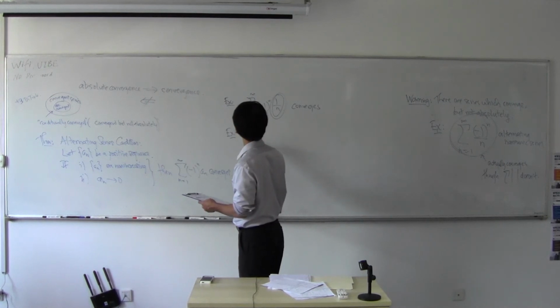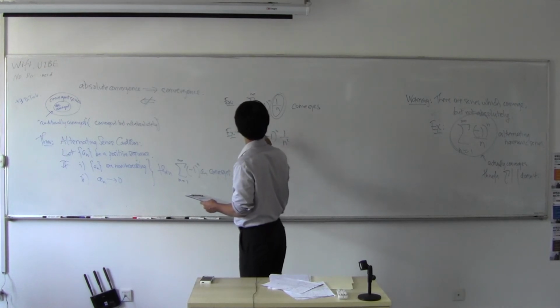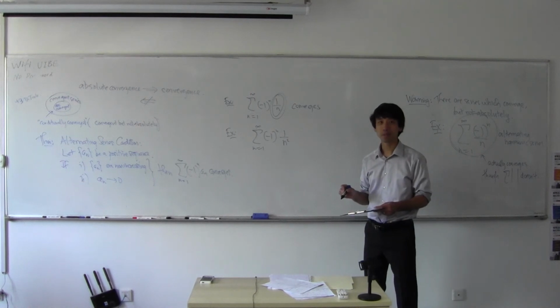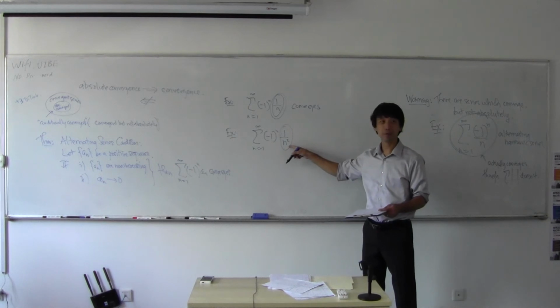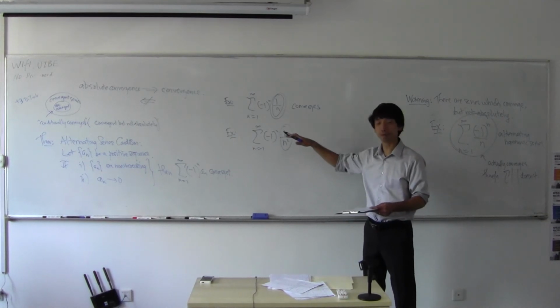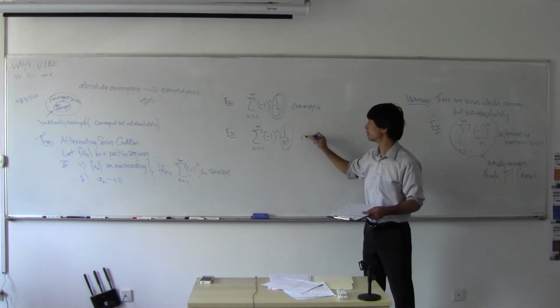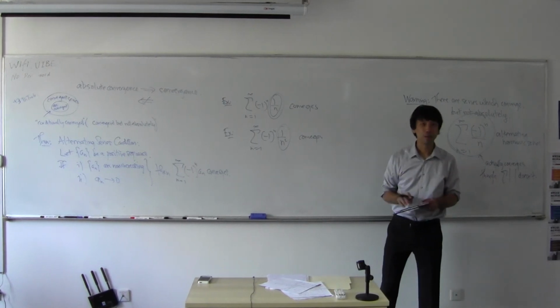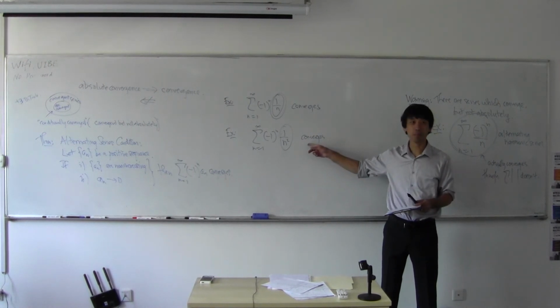Another example, (-1)^n, 1 over n squared. Again, you have something that's decreasing to 0, and they're alternating in sign, so again this thing converges. Why is this a dumb thing to say?